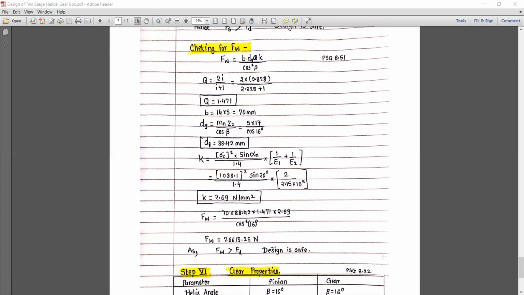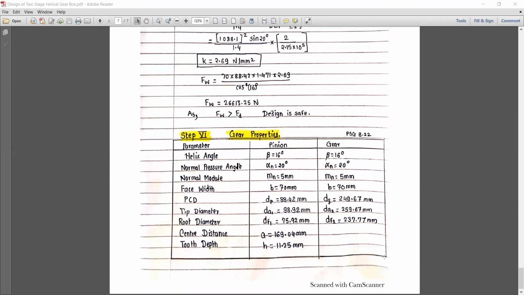Putting all the values in the equation of Fw, we get Fw equal to 26,613.25 Newton. When we compare Fw and Fd, the value of Fw is greater, hence it satisfies the second criteria also. So both criteria are satisfied, hence our selected module and material are safe.